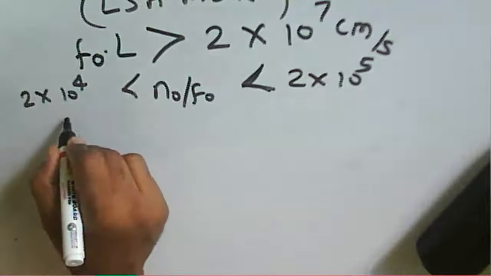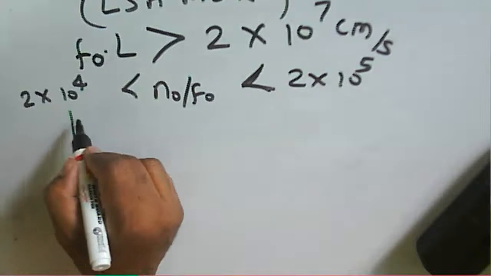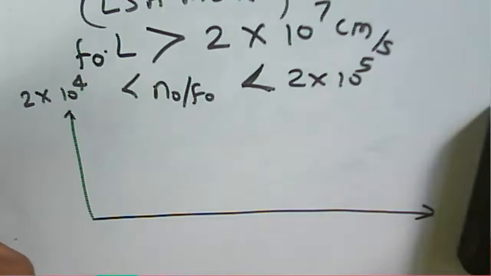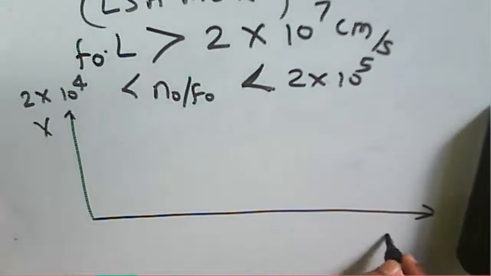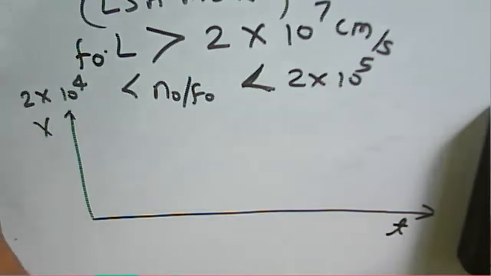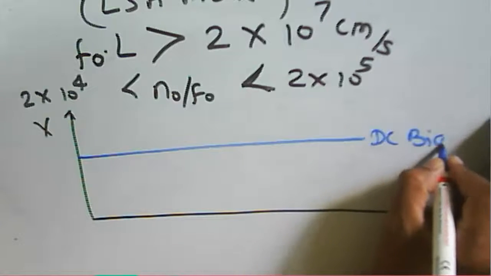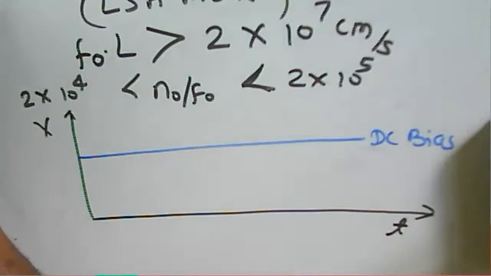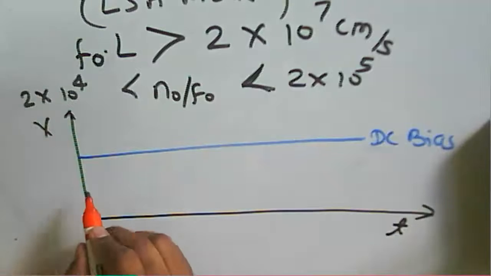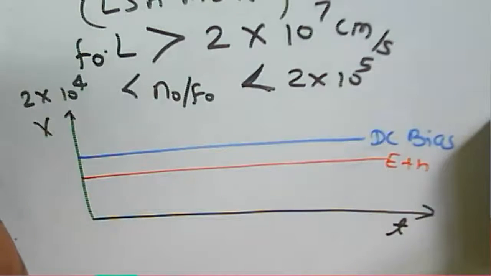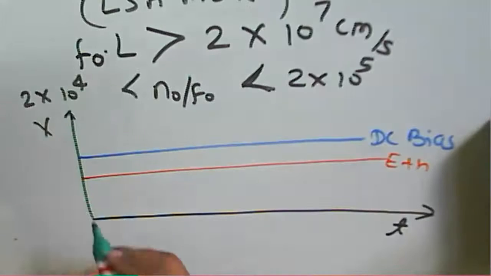So we are going to draw how this domain formation takes place now. This axis is V, this one is T, and we consider the DC bias, then the threshold field ETH, then ES here.